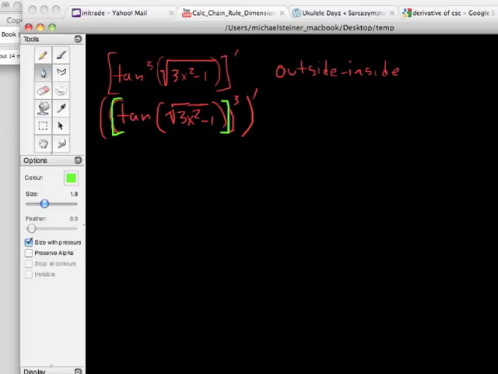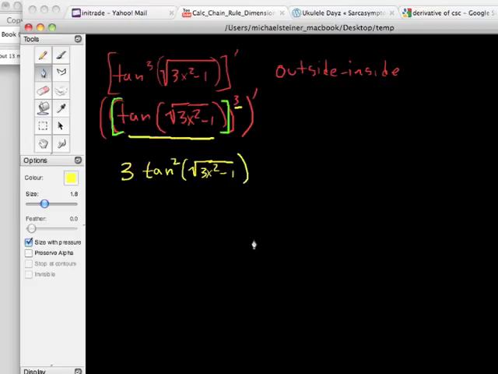So the first thing we see is that we can apply the power rule. We have this thing raised to the third, and we know how to take a derivative of a thing raised to the third. That's 3 times the tangent of the square root of 3x squared minus 1, now to the second.